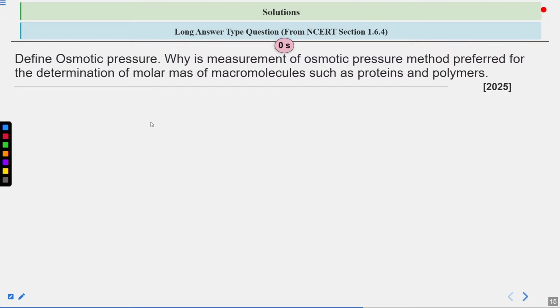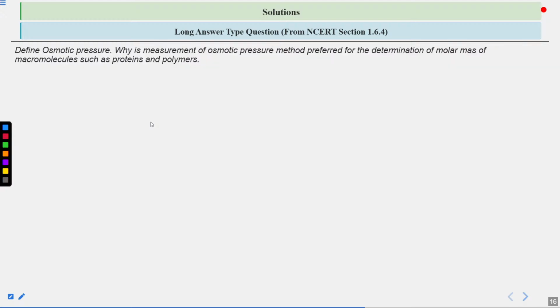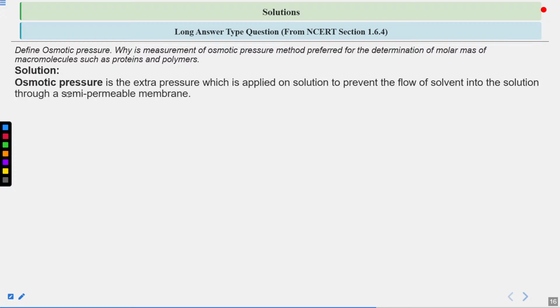Okay, let's see. So for this given question, we have the solution as, first of all, the osmotic pressure. Osmotic pressure is the minimum pressure which is applied on the solution to prevent the net flow of the solvent into the solution through a semi-permeable membrane.